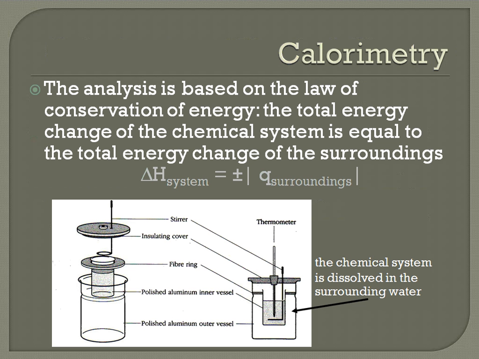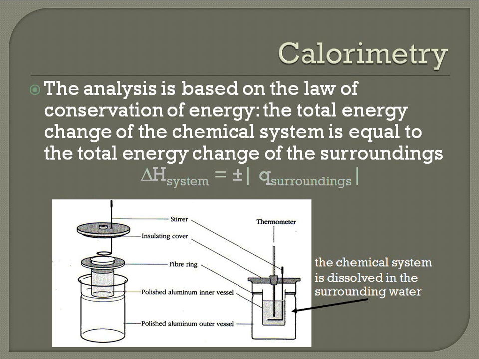So here is how calorimetry works. This whole analysis is based on the law of conservation of energy, which means the total energy change in your chemical system or reaction is going to equal the total energy change that happens in the surroundings, and that's what we can measure with a thermometer.